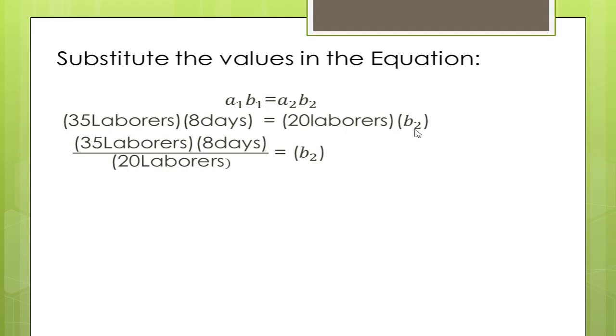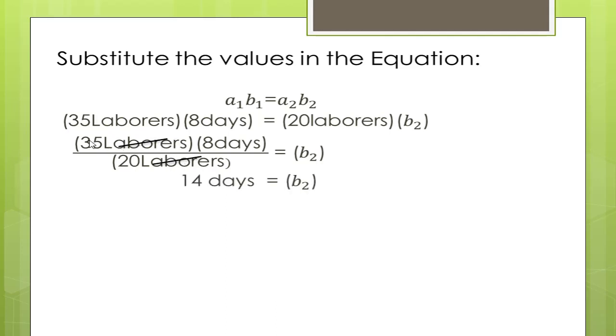Now, to get B sub 2, we have to divide the whole equation by 20. That is why 20 is a denominator on the left side, leaving B sub 2 behind. So B sub 2 is equal to this one. Since laborers have the same units, this will cancel out.